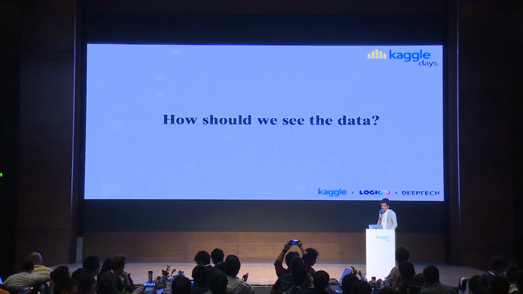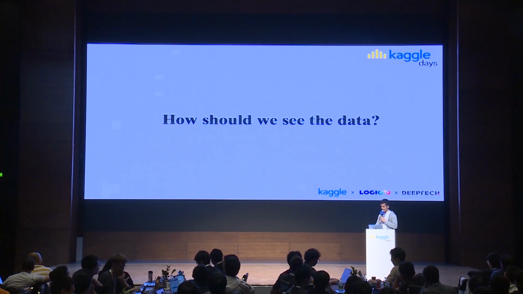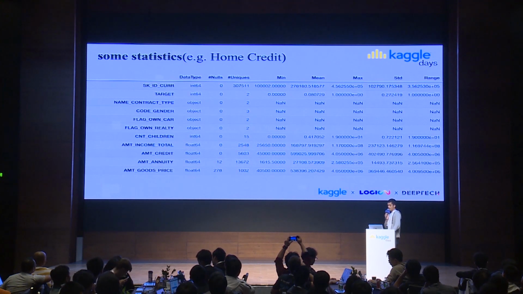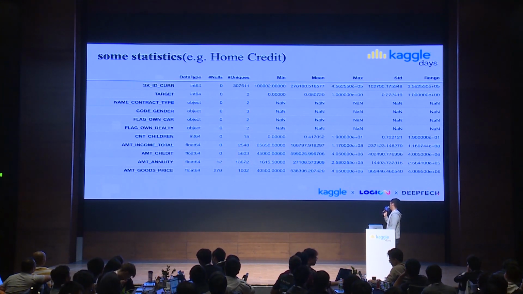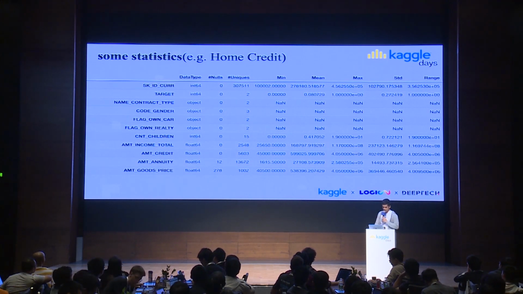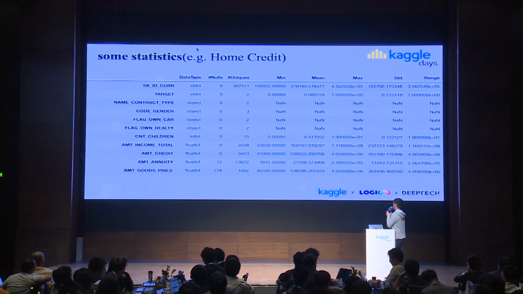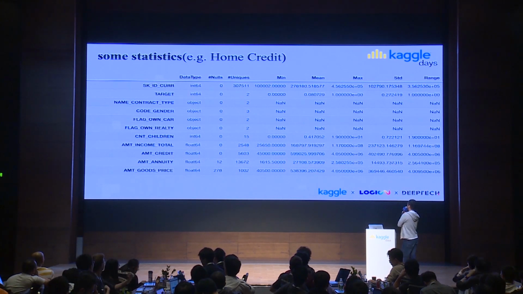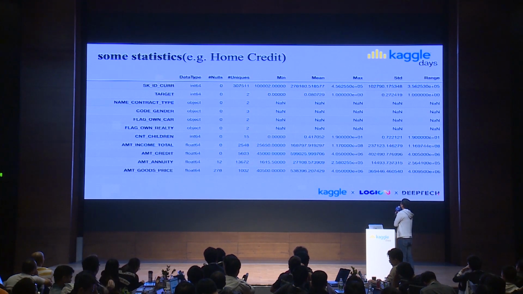Yeah, this is the main topic. How should we see the data? When I get the data, I'm always doing these basic statistics. For example, the left side is feature names, and next to it the data type, number of nulls, number of uniques, and so on.